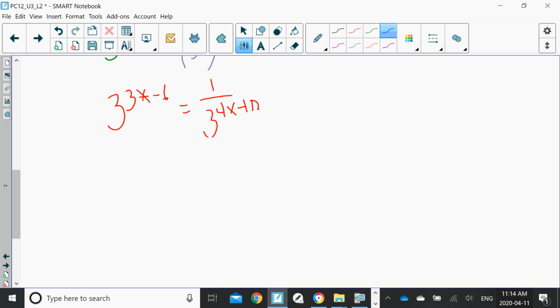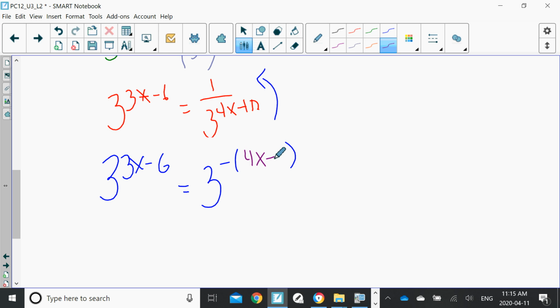Okay, so what I'm getting is 3 to the 3x minus 6 is equal to, again, when you bring this up, the exponent becomes negative, and that negative applies to the entire exponent, which is 4x plus 12. That negative one will get distributed in.